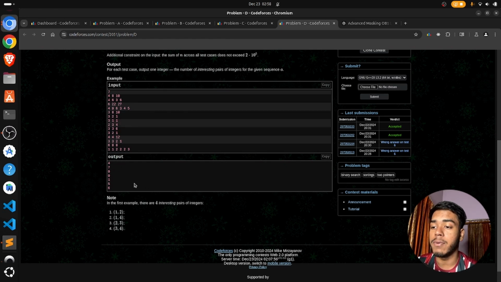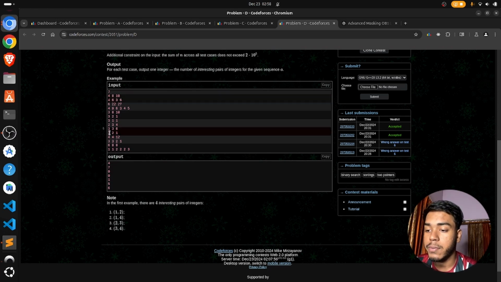And what are the pairs here? 1 2, 1 4, 2 3, 3 4. What are the pairs? 1 2 is 4 and 6, so the remaining sum is 3 plus 6, which is 9, and 9 ranges between 8 and 10. And these are inclusive, like 8 can also be there and 10 can also be there.